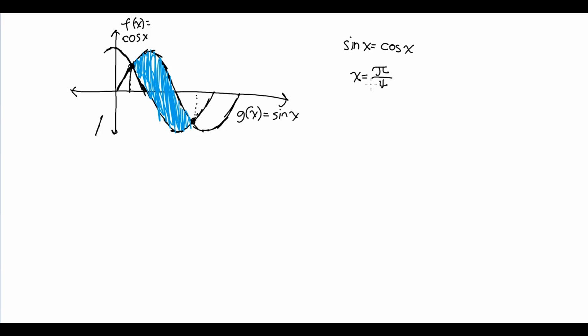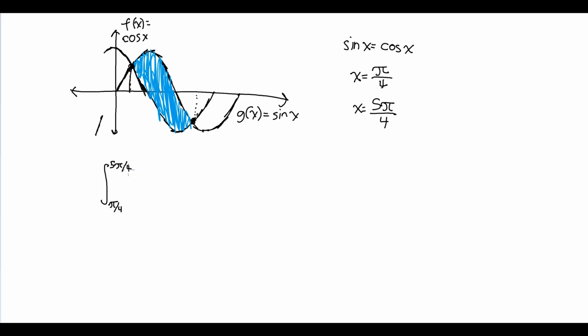The same thing goes for 5 pi over 4, because now they're both negative root 2 over 2. So at x equals pi over 4 and x equals 5 pi over 4, they intersect each other, which means that we can take the integral from pi over 4 to 5 pi over 4.